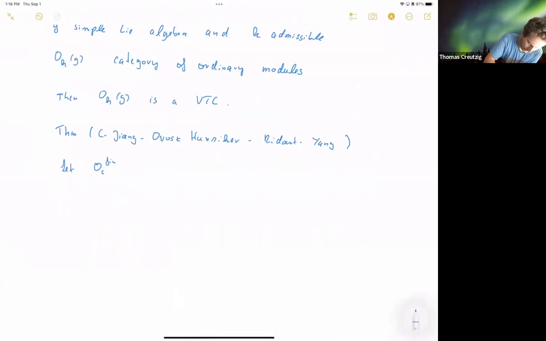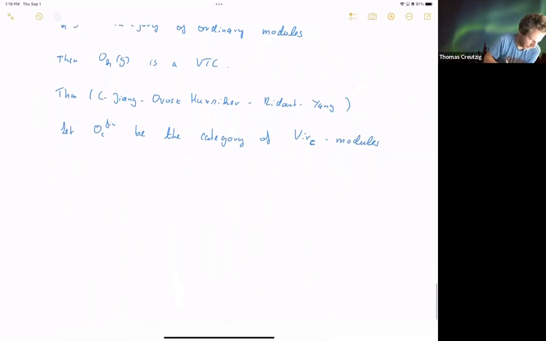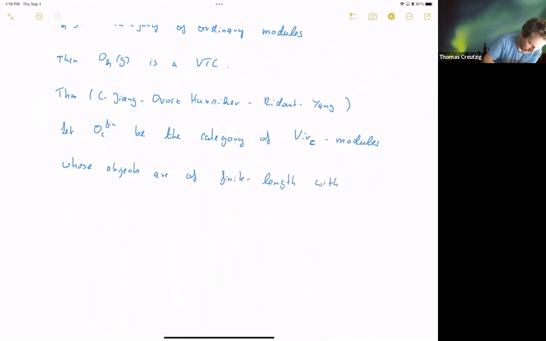It's the following category: a category of modules of the universal Virasoro algebra at central charge c, which I mean by Vir^c, whose objects are of finite length. They have a finite composition series. And what are the composition factors?